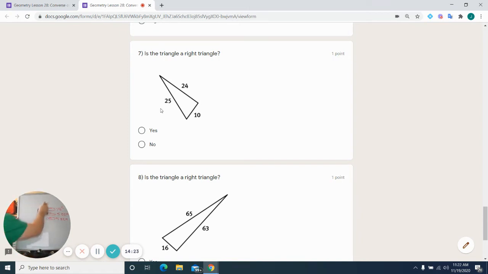So on this one, the biggest side is the 25. So we're going to have, let's do 10 squared plus 24 squared equals 25 squared. All right.